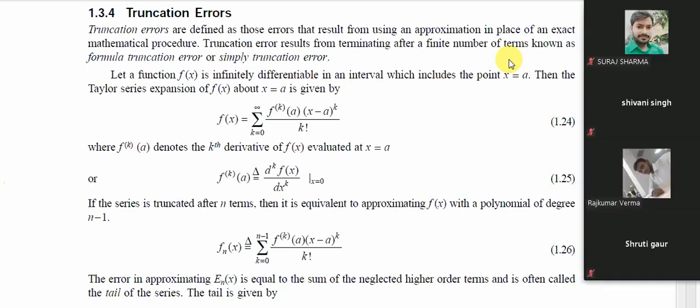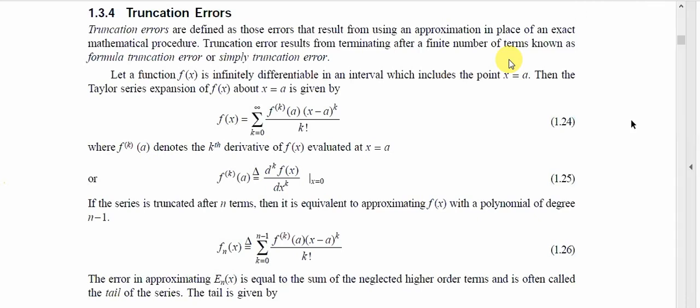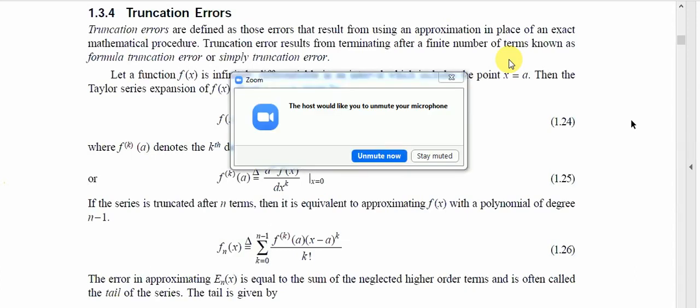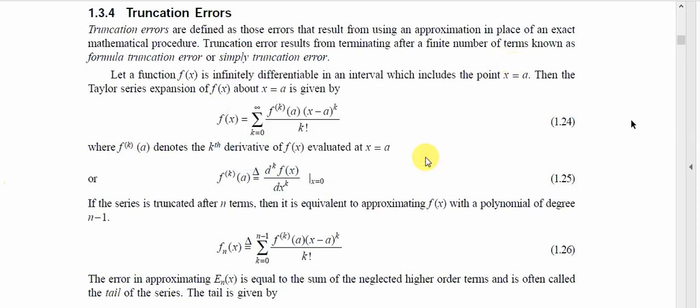This is known as a truncation error. The process is known as truncation, and because of truncating the terms, that is called a truncation error. This truncation error is inevitable or unavoidable in the process of computations.